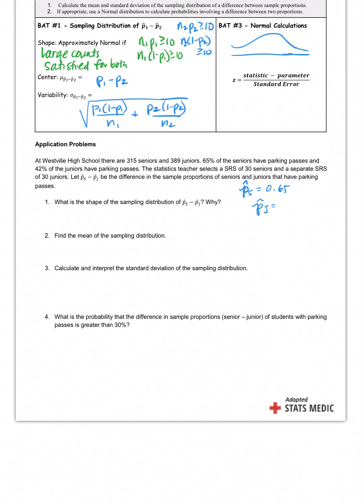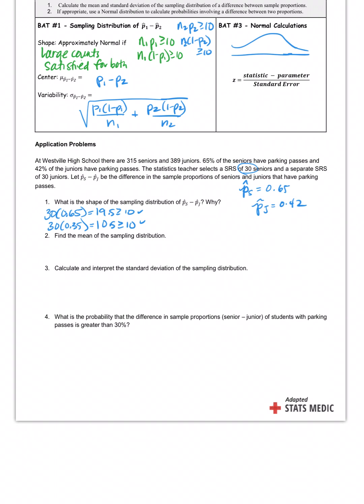And p-hat of juniors is 0.42. Okay, that makes life easier. And notice our sample size is 30. So if I show my work, 30 times 0.65 gives me 19.5. That's greater than 10. 30 times 0.35 gives me 10.5. That's just barely, but it is greater than 10.